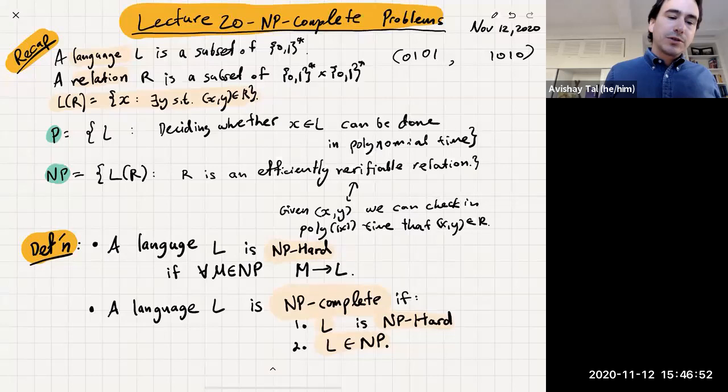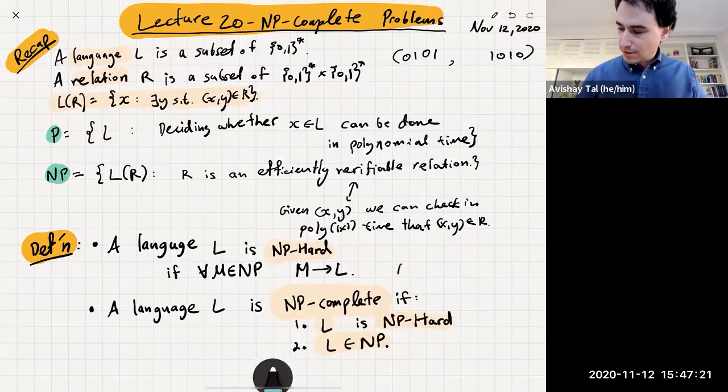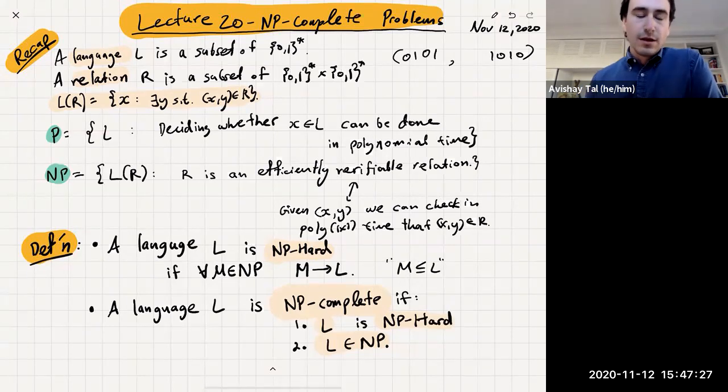We also defined this notion of NP-completeness. We say that a language L is NP-hard if any language M in NP has a reduction from M to L. Reductions are something that we talked about for the last couple of meetings, but to say that there's a reduction from one problem to another, you can also think of it as saying that M is smaller or equal to L, that L is at least as hard as M. So a language is NP-hard if it is at least as hard as any other language in NP, and it is NP-complete if it is also in NP.